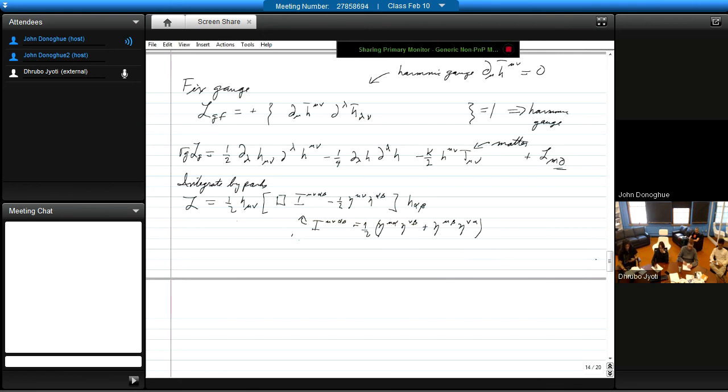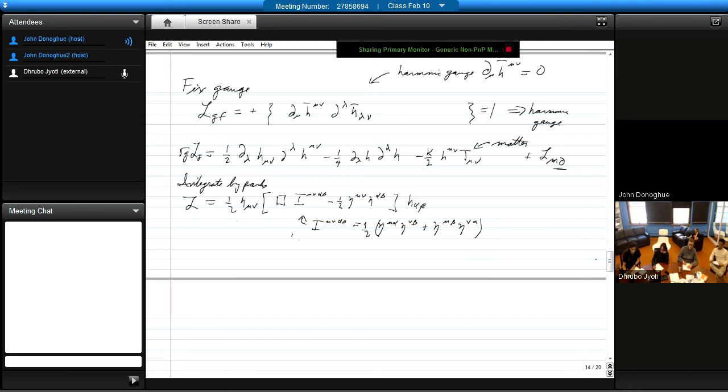It takes h alpha beta and turns it into h mu nu, because alpha becomes mu, beta becomes nu, and then it's symmetrized, and there's a half. So this is just the identity operator in this index space. The second guy is eta mu nu on h, which gives me the trace, and eta alpha beta on h gives me the trace too. So those are just the trace terms.